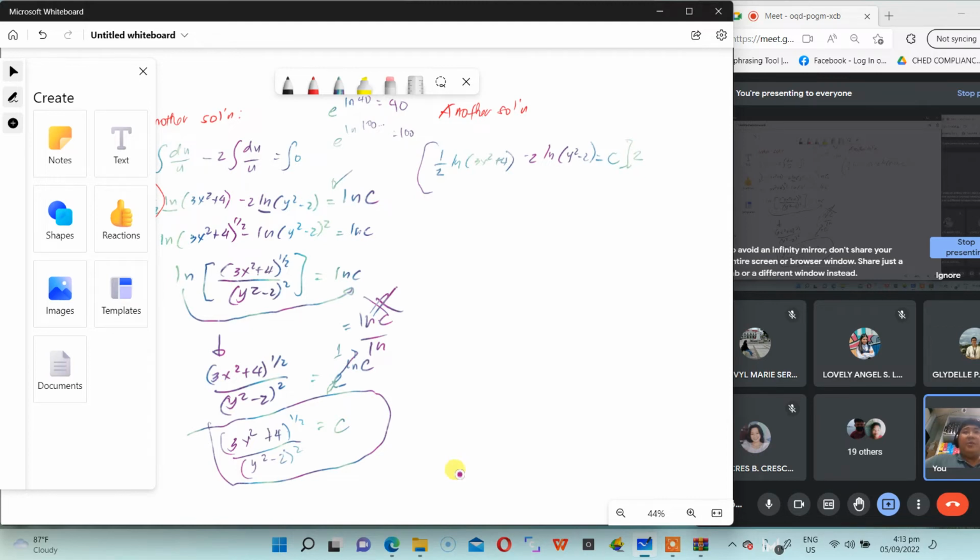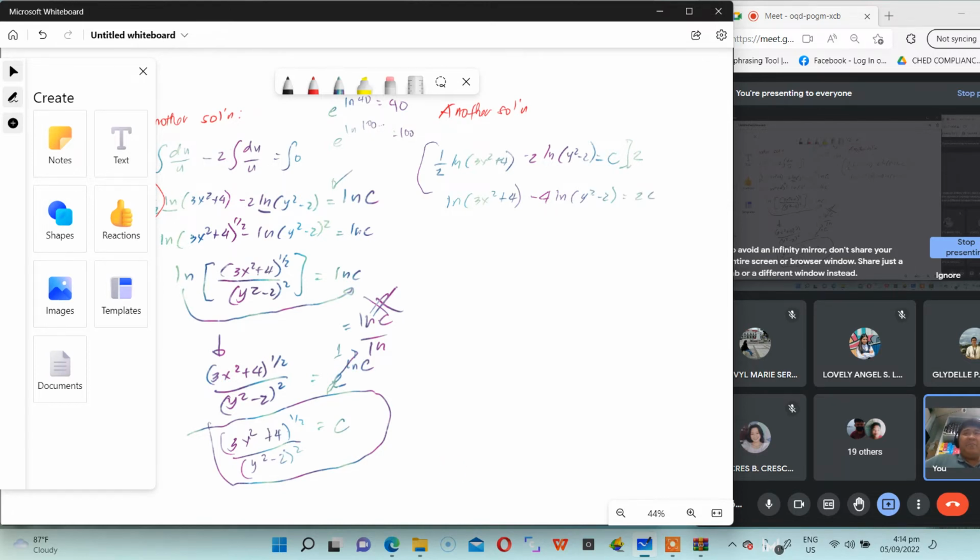So from there, you have 2 times 1 half, obviously it becomes 1. So what's left is ln 3x squared plus 4 minus 2 times 2, it becomes 4 ln y squared minus 2 equals 2c.